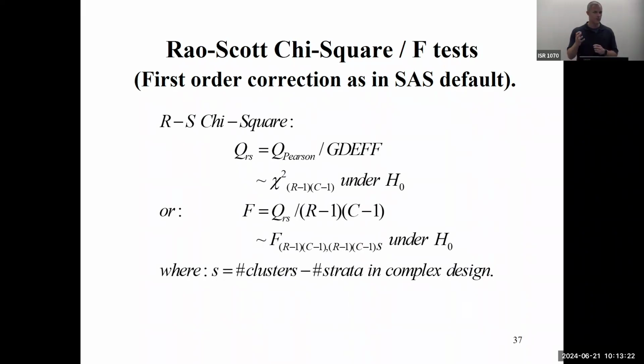So the key thing is to draw from the output. The software is doing that calculation for you, including the decimal calculation that's involved in the second order correction.